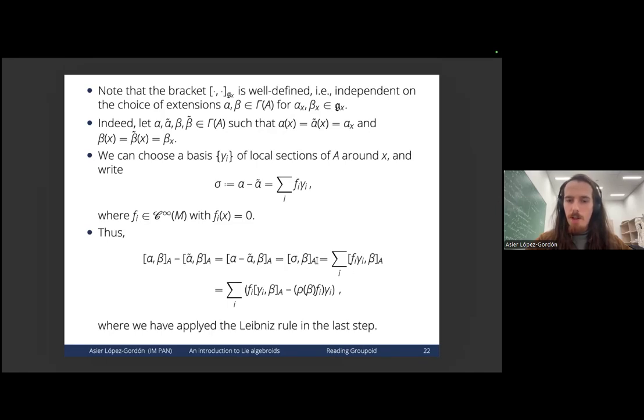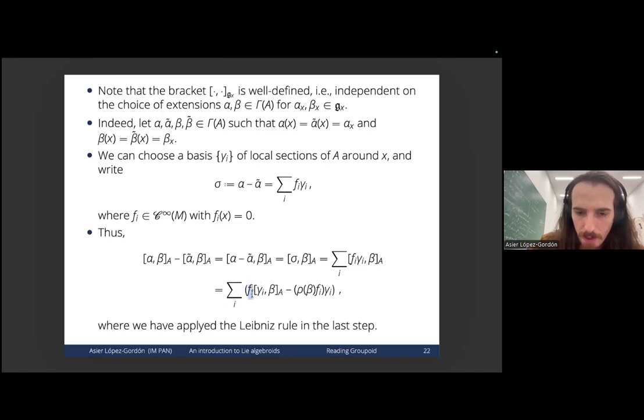We can express it in the local basis, and we can now apply the Leibniz rule for Lie algebroids. But we observe that here we have f_i outside the bracket, and here we have the anchor applied to beta.